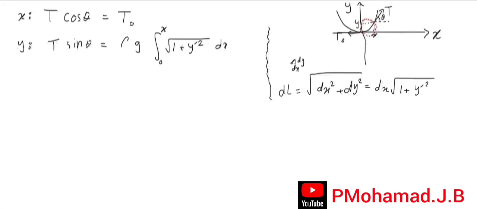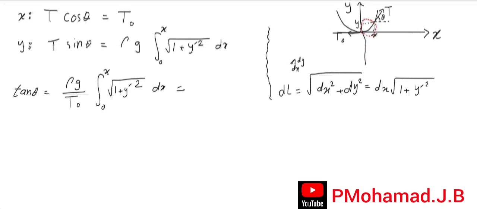Okay, let's continue. You can divide both sides, so we have tangent of theta equal to rho g divided by T0 times the integral of radical 1 plus y prime squared dx from 0 to x. And what is tangent of theta?